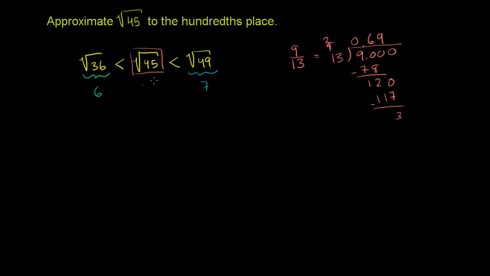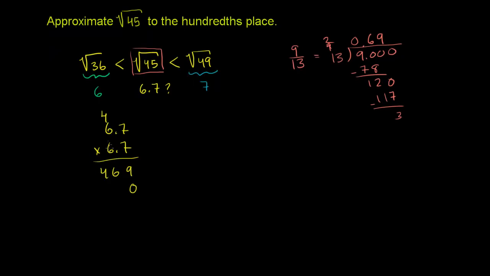So let's try 6.7. And the way to try it is to square 6.7. So 6.7 times 6.7. We have 7 times 7 is 49. 7 times 6 is 42, plus 4 is 46.